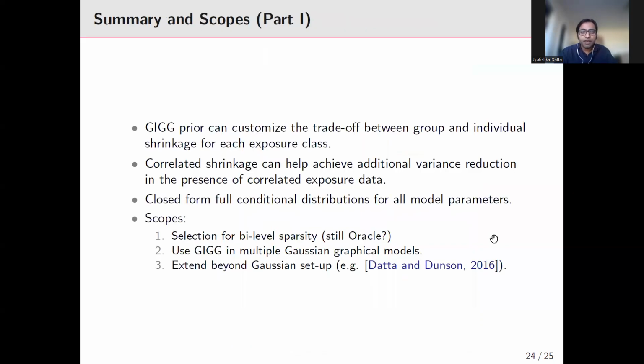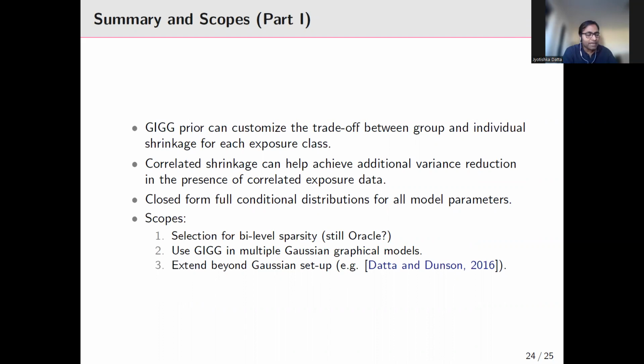Okay. All right, so here is a quick summary of this. So gig prior can customize the trade-off between group and individual shrinkage for each exposure class. This is the idea of bi-level shrinkage, that you need this trade-off between each class specifically.